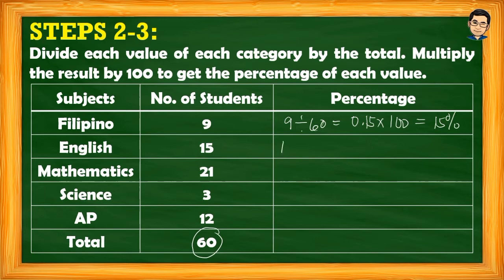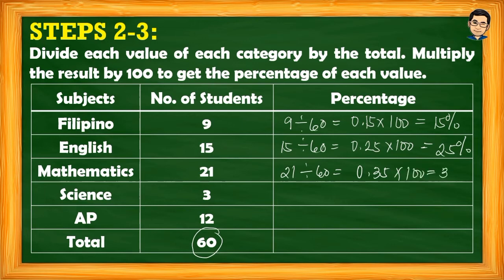Next, 15 divided by 60, that is 0.25 times 100 will get 25%. Next, 21 divided by 60 will get 0.35 times 100, that is 35%.